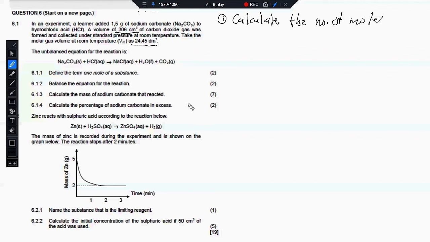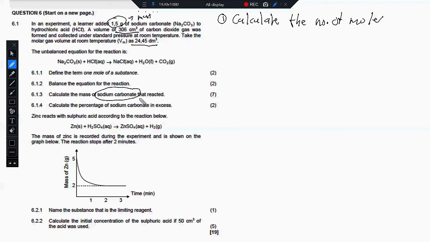Now understand this, because we are looking for the mass of sodium carbonate that reacted, we cannot obviously use the 1.5 gram, because that's the maximum mass that was given. From this question, we get that the sodium carbonate is the excess reactant. That means not all of this 1.5 gram actually reacted, which is why they're saying we must calculate the mass of the sodium carbonate that reacted.